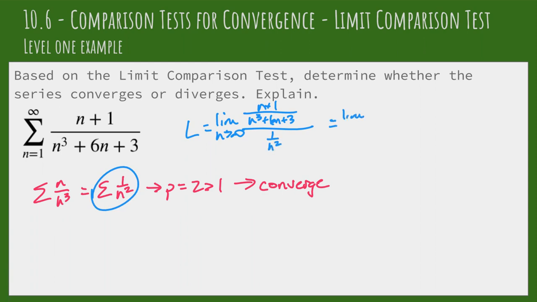So this is the limit as n approaches infinity of n plus 1 over n cubed plus 6n plus 3 times n squared over 1. If we look at relative rates of growth here, our largest term on top is n squared times n, which is n cubed. Our largest degree term in the bottom is also n cubed. n cubed divided by n cubed is 1.